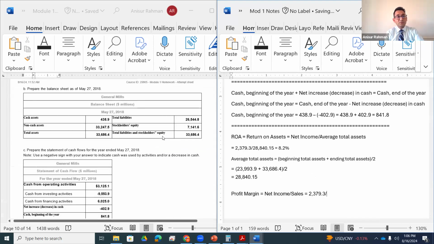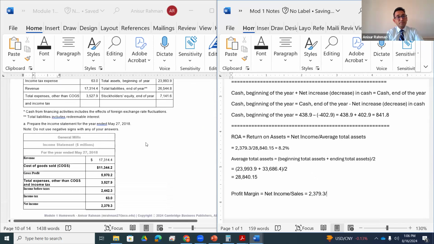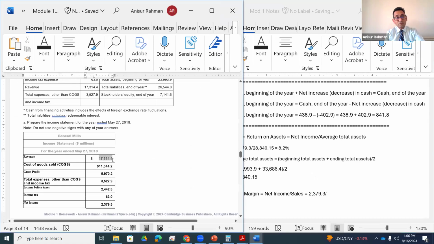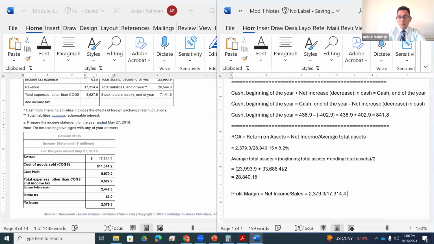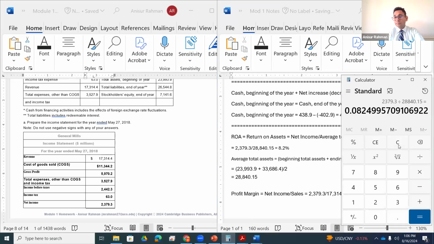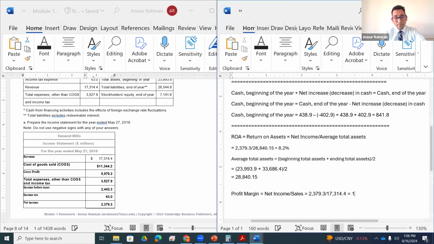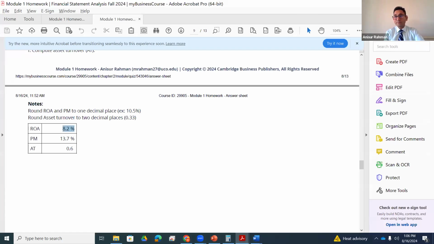Your sales from income statement, now, which is... so 1 decimal place, 13.7.